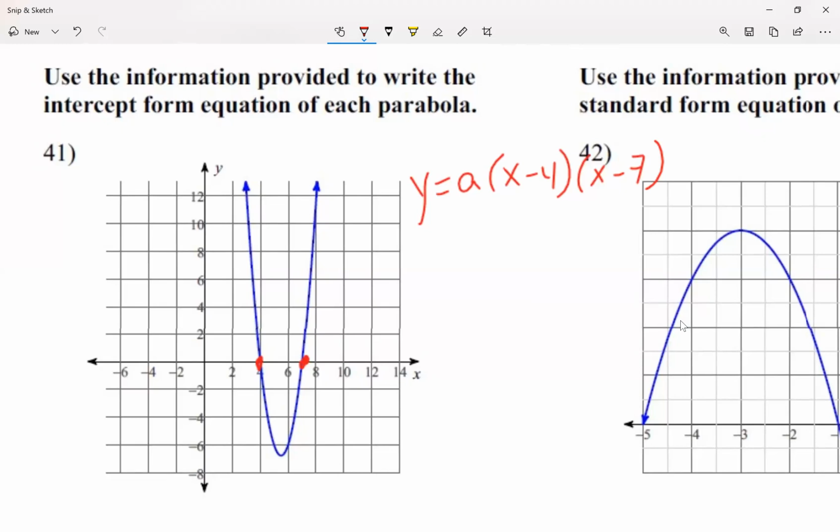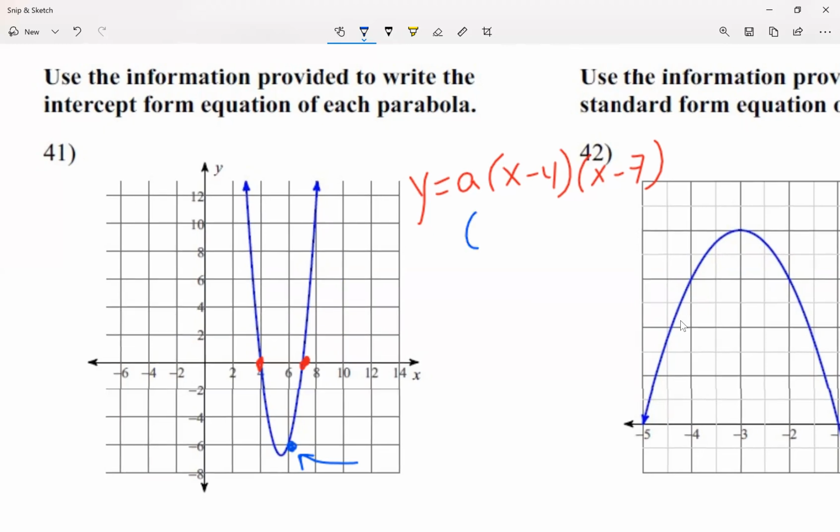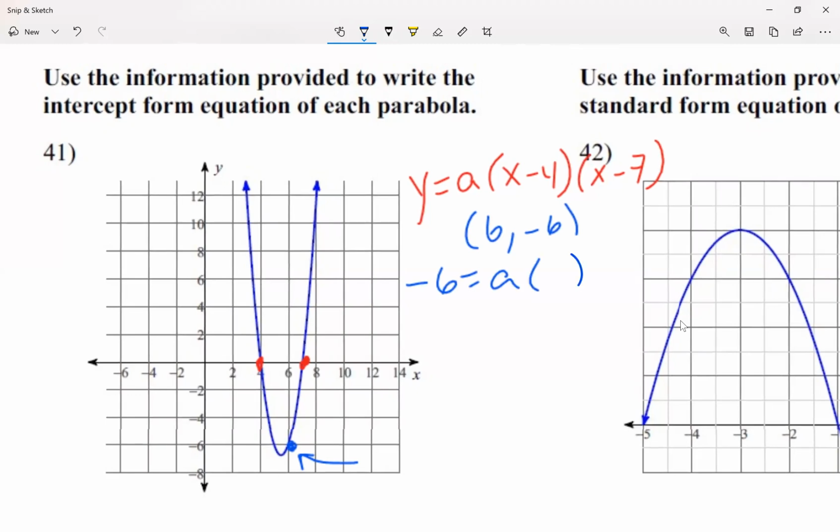Choose a random point. I'm going to do this point right here. The point is (6, -6). So then I have -6 is equal to a, my first parentheses, x equals 6, right? So x minus 4 is 2. And then -1.